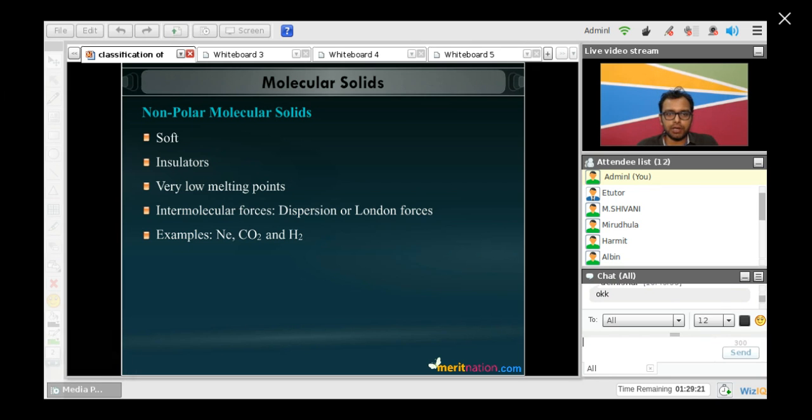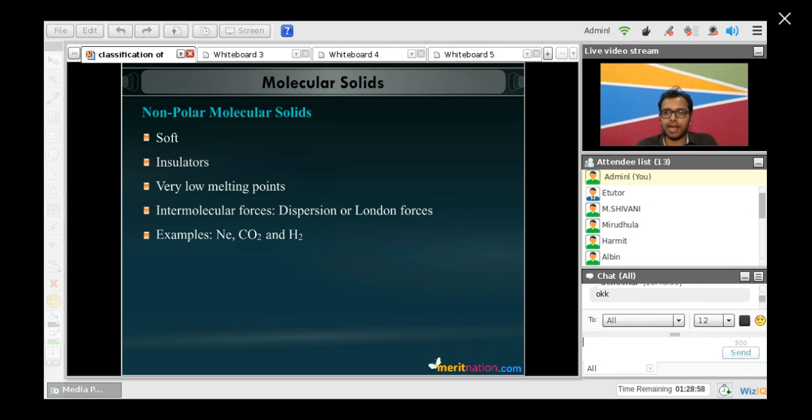Okay. Now, what can we say about the intermolecular forces? The intermolecular forces that exist between the two molecules will be dispersion or London forces, right? So dispersion force of attraction exists between the two molecules in a non-polar molecular solid. An example of a non-polar molecular solid is neon. You can convert neon gas into solid by decreasing its temperature, and that solid form will be called a non-polar molecular solid, right?